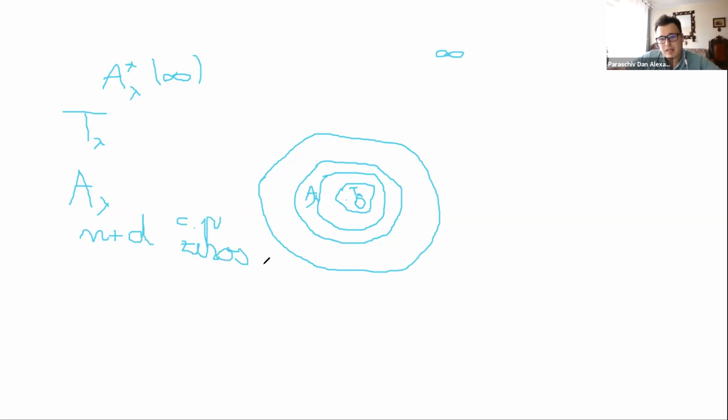So A lambda maps with degree n plus d to T lambda. Of course, this leaves us one more zero, which we will further denote by W lambda. And since until now we have accounted for 2n plus 2d minus 1 critical points, there exists exactly one free critical point in this family, which is somewhere here. Call it nu lambda.